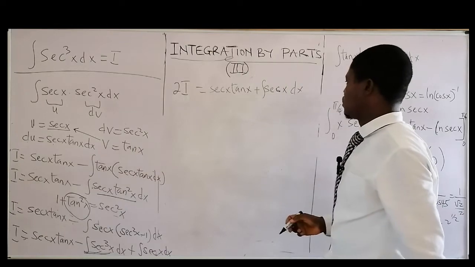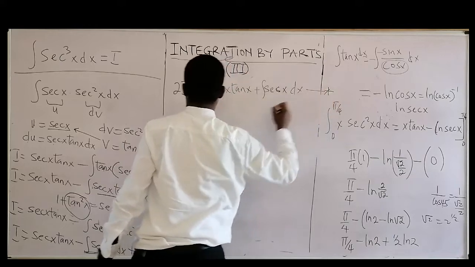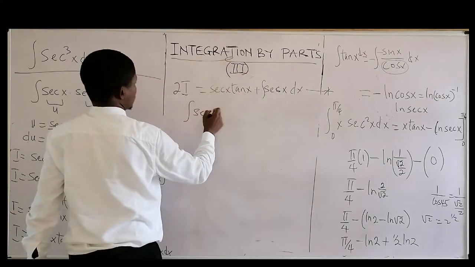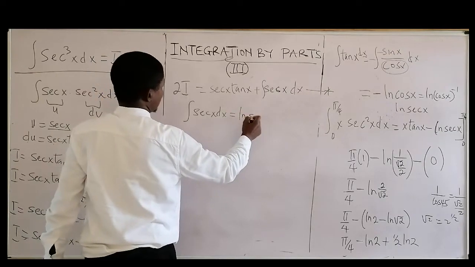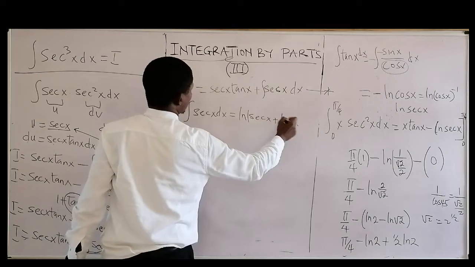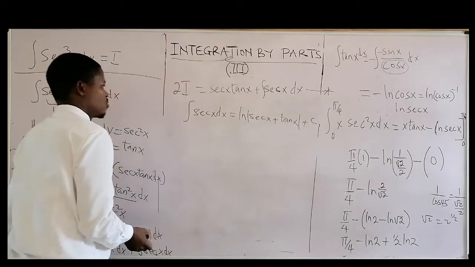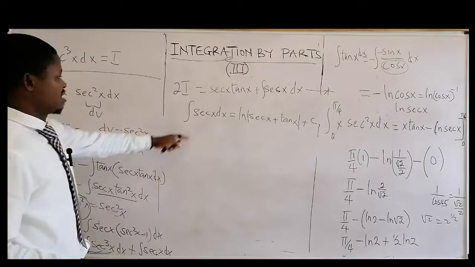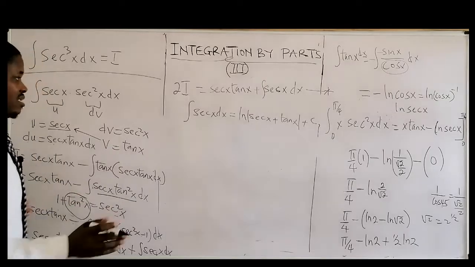We can take that out; we'll come back to it shortly. The integral of sec x dx is equal to ln of sec x plus tan x, plus, you can call it C1. This is a standard table: the integral of sec x is ln of sec x plus tan x.